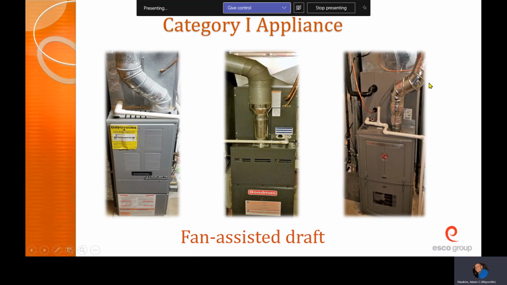So one thing that's different about a furnace and AC combo versus an air handler setup, like we're going to see in heat pumps and AC systems, is heat pumps and AC systems are usually using an induced draft. I say that term, but they're pulling through the coil, through the AC coil. So the coil is below the fan. So the fan is actually pulling the coil under negative pressure.